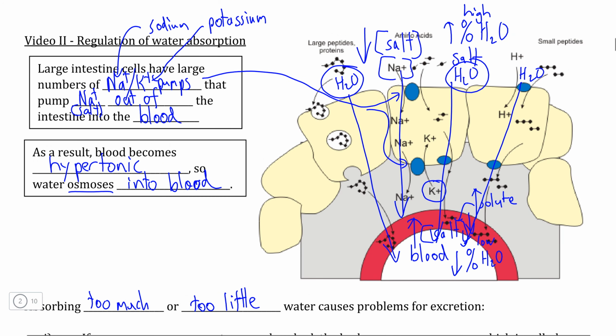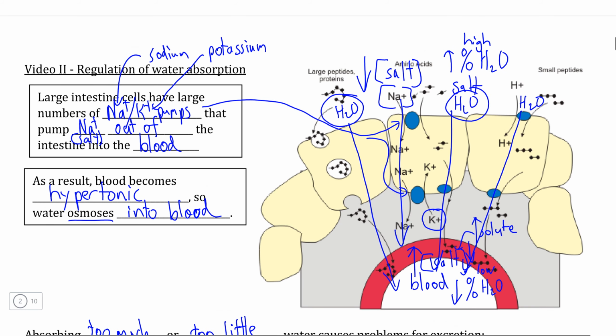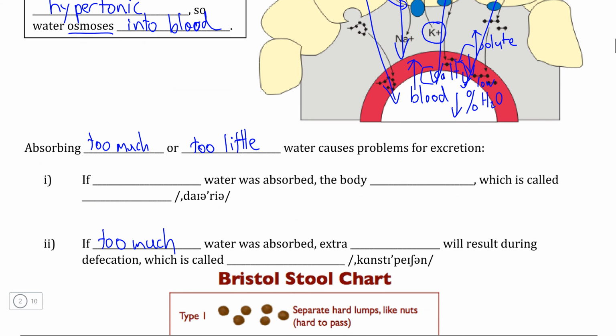Well, in this situation, your large intestine will transfer most, if not all, of the water out of the large intestine. As a consequence, if all of the water is transported, this is going to make the undigested food that you excrete, your feces, very, very dry.